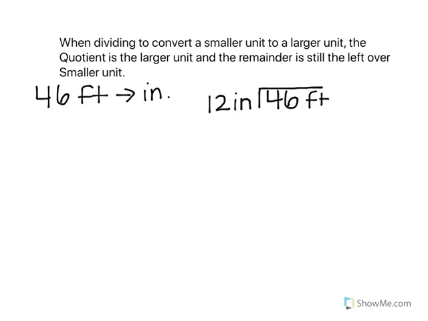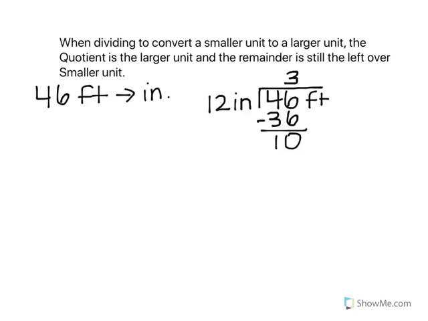And 12 can't go into 4, but 12 can go into 46 3 times, which is 36. And I subtract, and I get 10. You could continue this and do decimals, but we're not doing that for this unit of measure. I also can put this as a fraction, and that would be 10 over 12, right? Because the remainder, we can make a mixed number. We've learned that already.